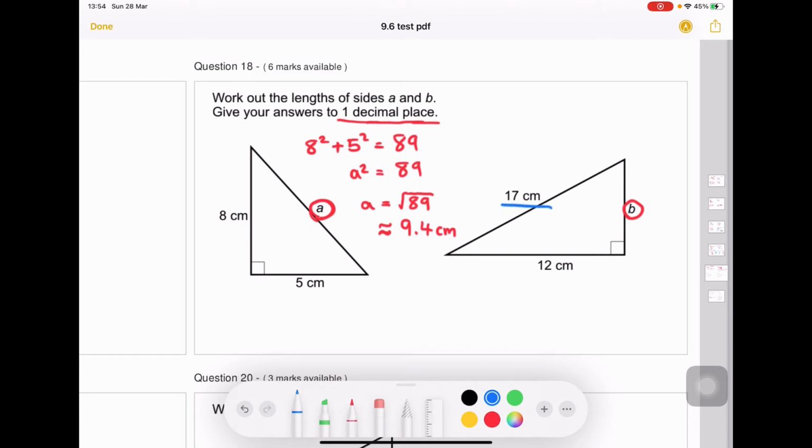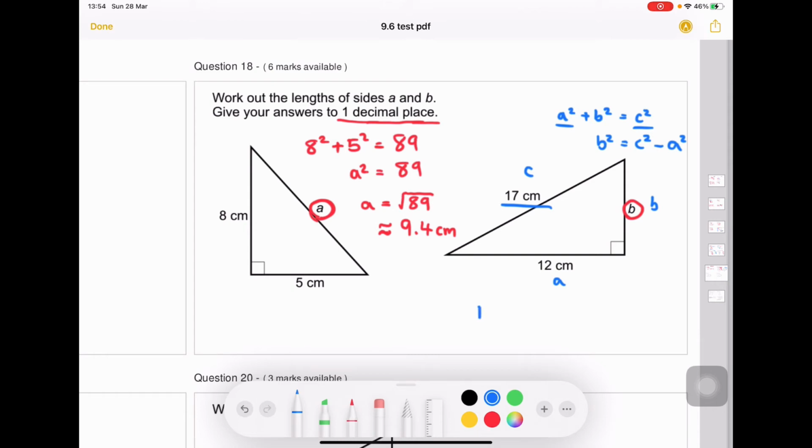For this question, we have a hypotenuse. So let's think about how we're going to work it out, because it's going to be slightly different to the other one. Let's label our triangle C. Here's B, of course, and here is A. So remember, the original formula was A squared plus B squared equals C squared. But what if you know what C squared is, you know what A squared is, and you want to work out B squared. To work out B squared, you need to subtract A squared from C squared. So B squared equals C squared, take away A squared.